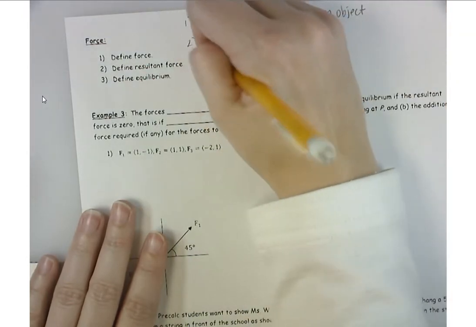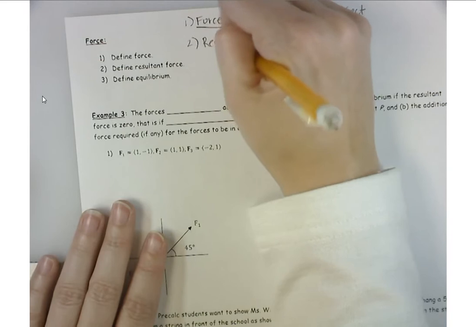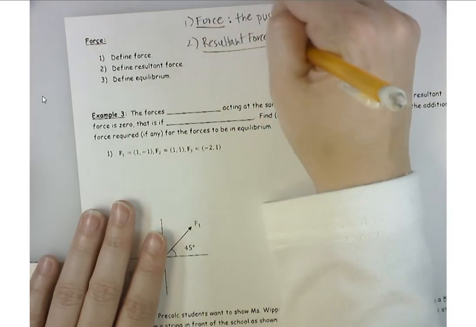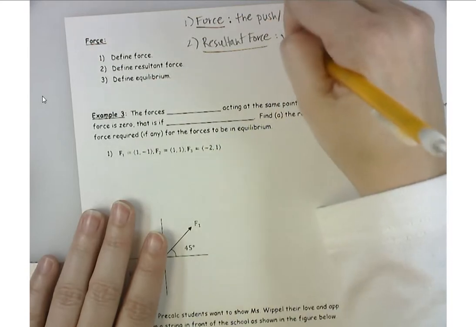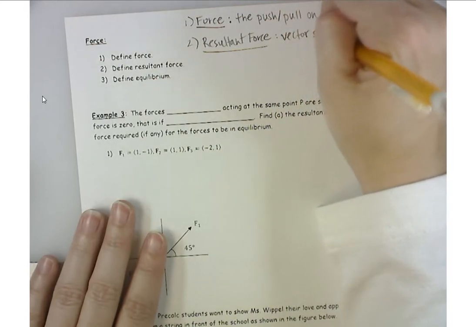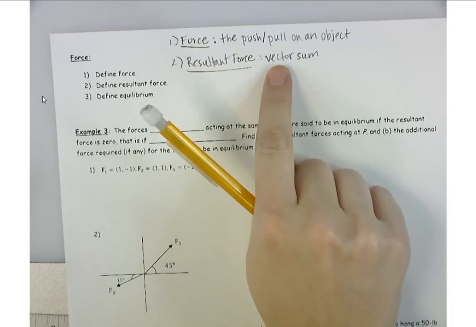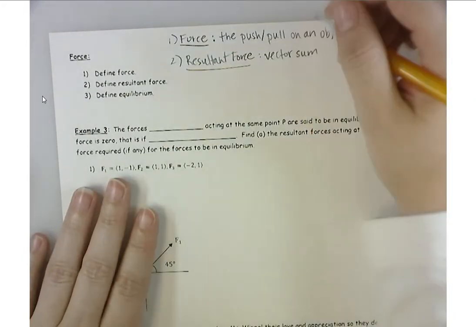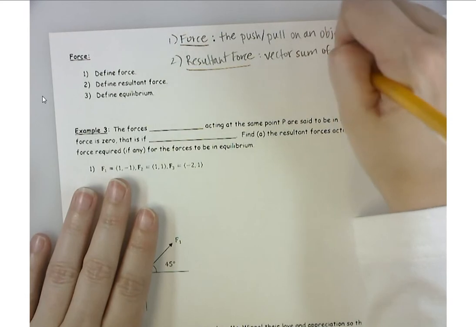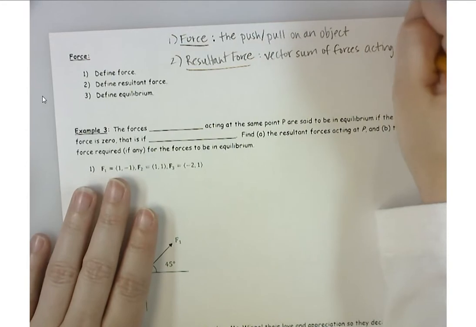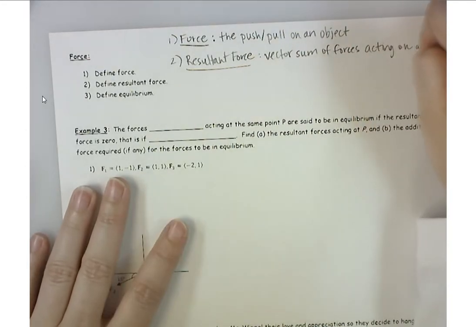The resultant force is the vector sum, which is exactly what we were doing with our resultant forces in our drawings, the vector sum of forces acting on an object.